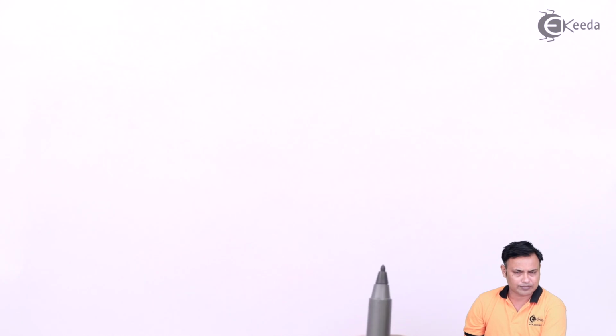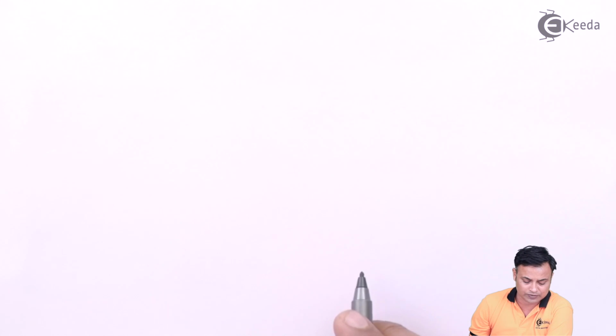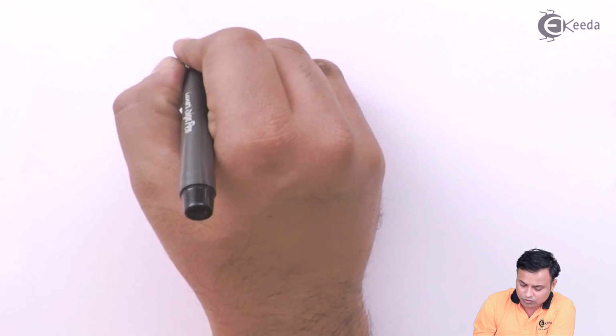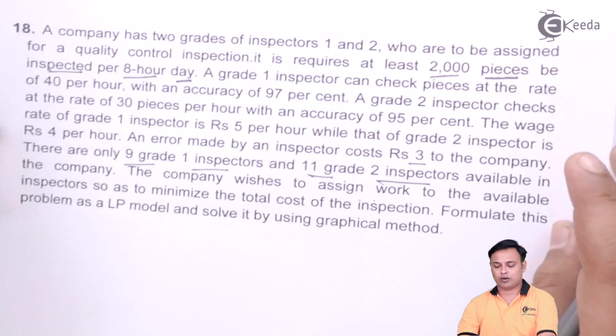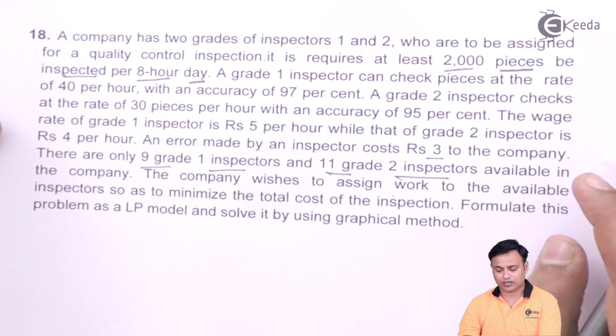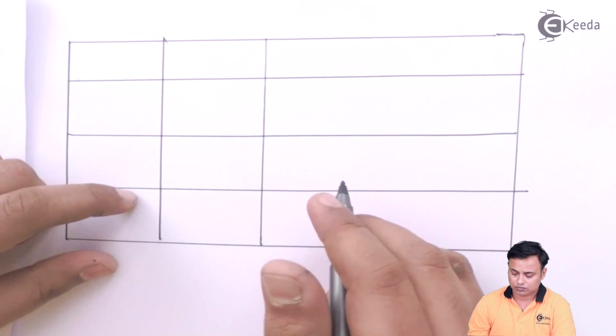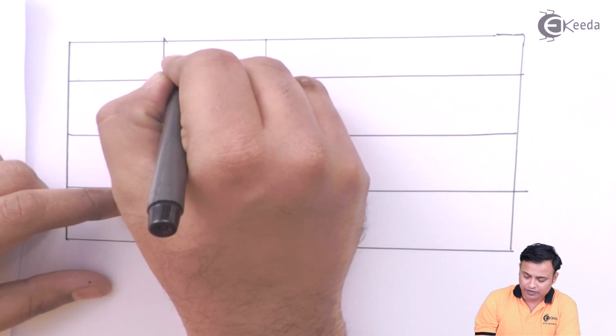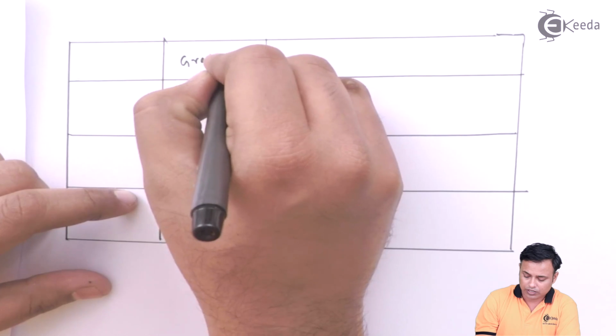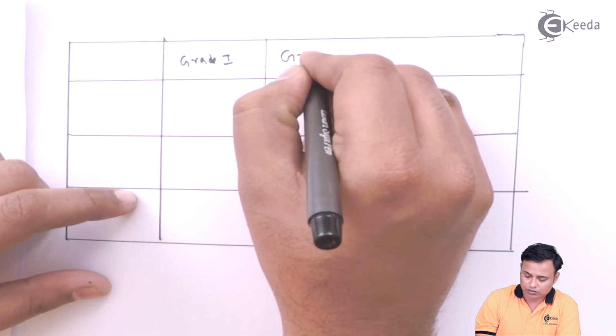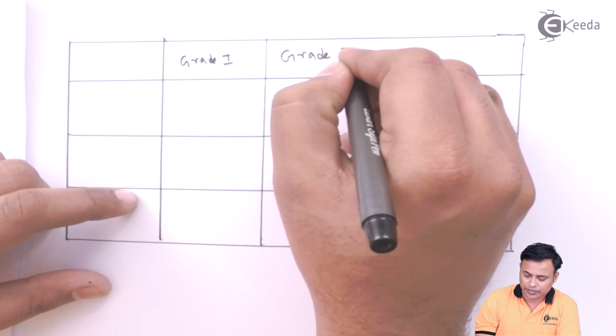So I have got here two types of inspectors, inspector 1 and inspector 2. I will first note down the table. So here comes our problem. We have got two grades, inspector, grade 1, grade 2. I'll put grade 1 here, grade 2 here.